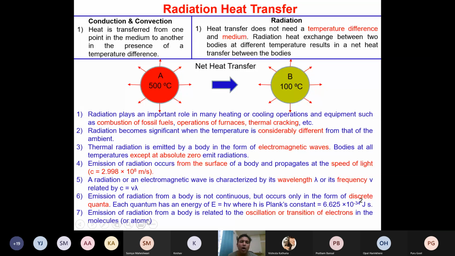Again, emission of radiation from a body is related to the oscillation or transition of electrons in the molecules or atoms. So basically there is an oscillation or transition of the electrons taking place, and because of that a discrete amount of energy is radiated from the surface. That is what it means. Okay, is it all right? This is all you have done maybe in your first year or in your JE days.